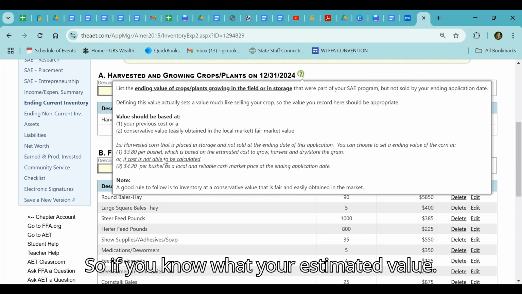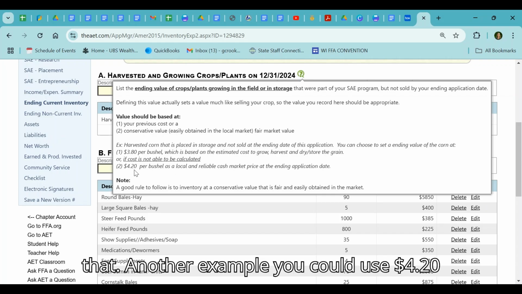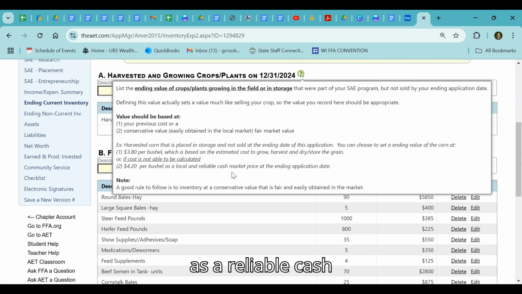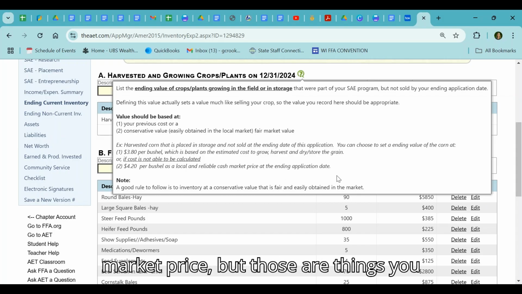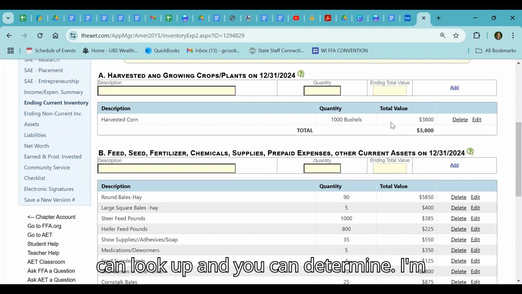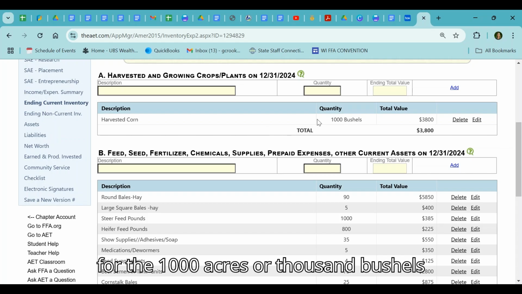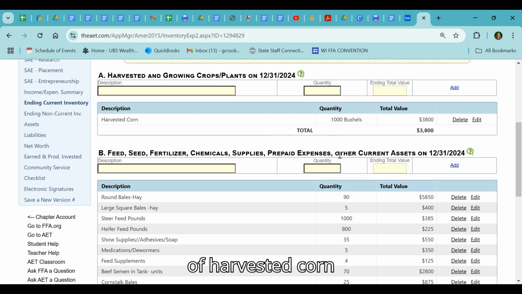So if you know what your estimated value to grow the crop is, then you can use that. Another example, you could use $4.20 as a reliable cash market price. But those are things you can look up and you can determine. I'm going to use the $3.80. So the total value is $3,800 for the 1,000 bushels of harvested corn.